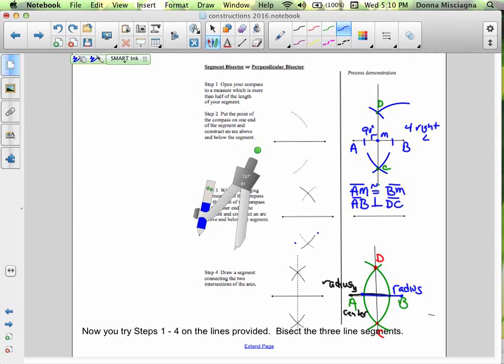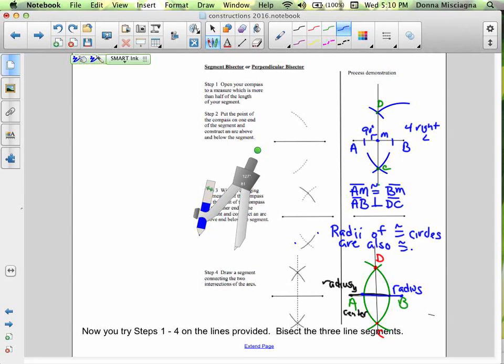And it doesn't even matter how many radii there are. We could have 100 radii. Radii, by the way, is the plural of radius. Radii of congruent circles are also congruent.